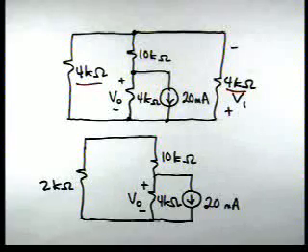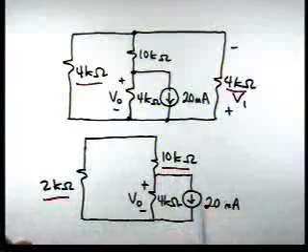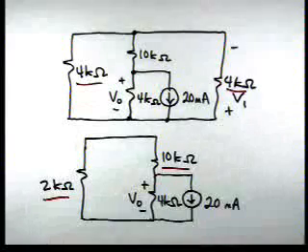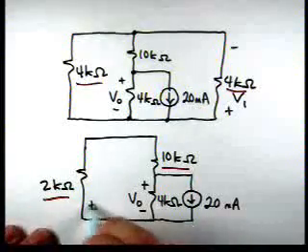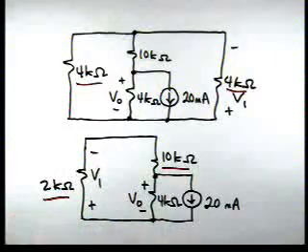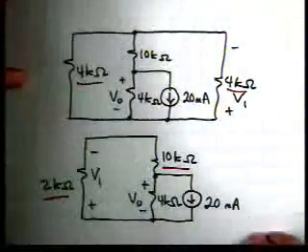Now, those two resistors are in series. So the two 4s combined into a 2K. They're now in series with a 10K. Now, if you notice, this is still the voltage V1. So now let's combine those.